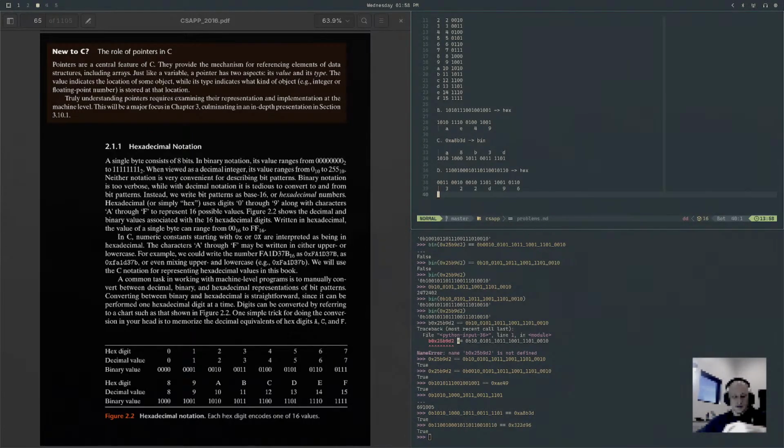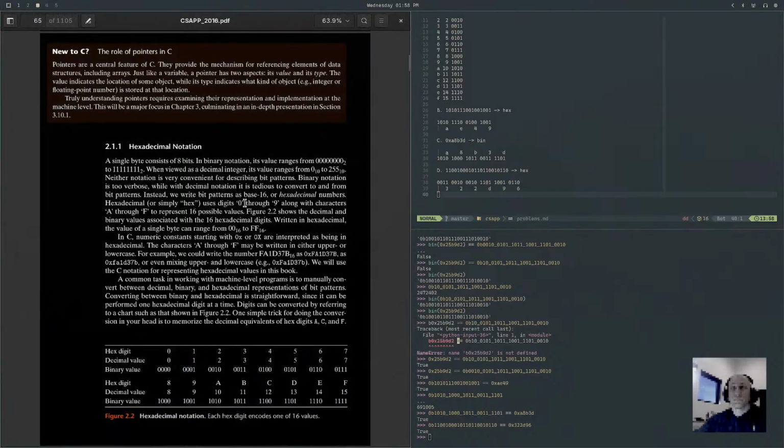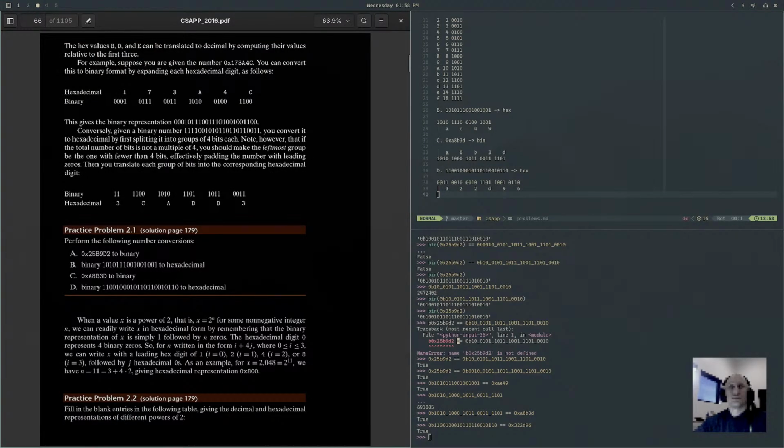All right, let's continue reading. When value x is a power of 2, that is, x is equal to 2 to the n, for some non-negative integer n, we can readily write x in hexadecimal notation form by remembering that the binary representation of x is simply 1 followed by n zeros.